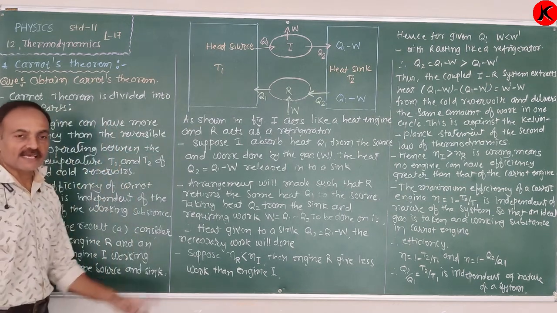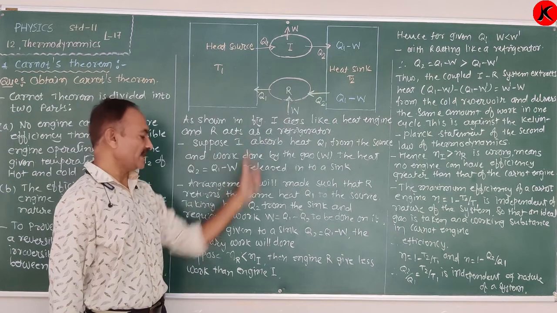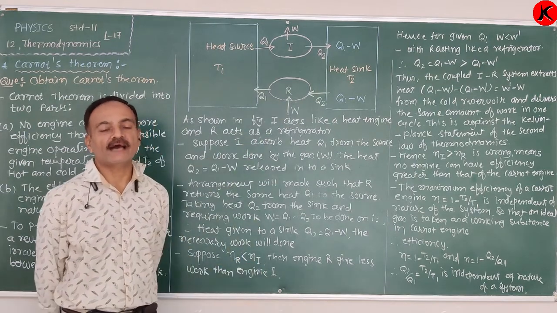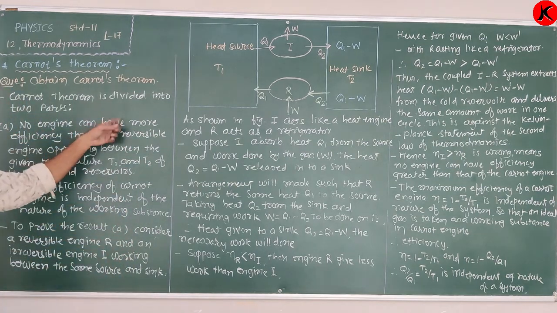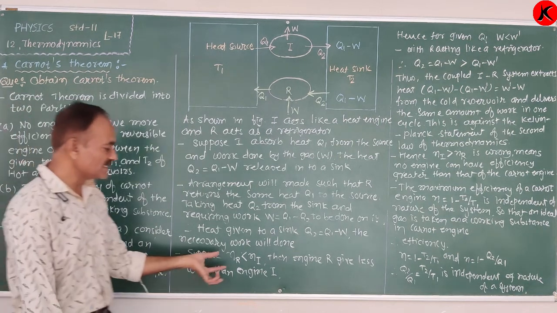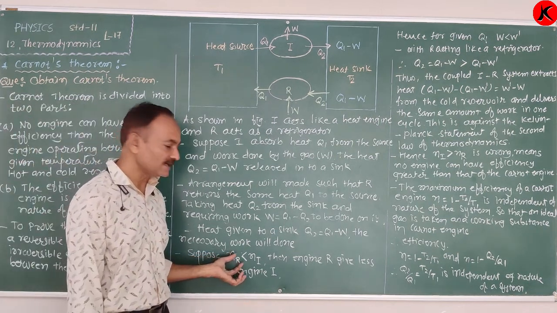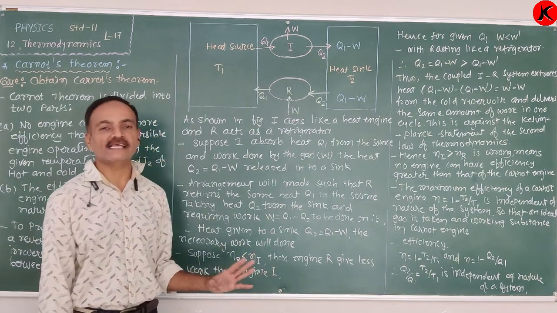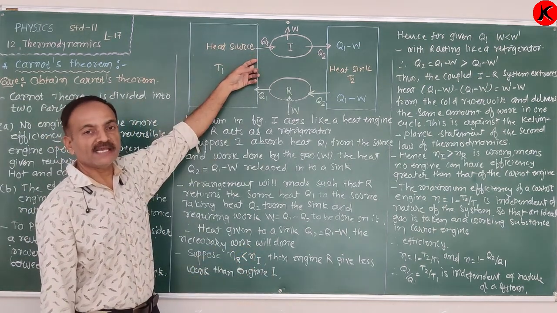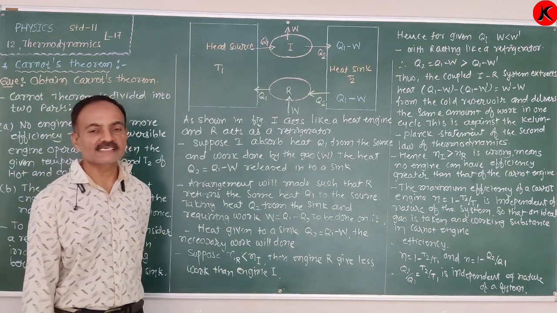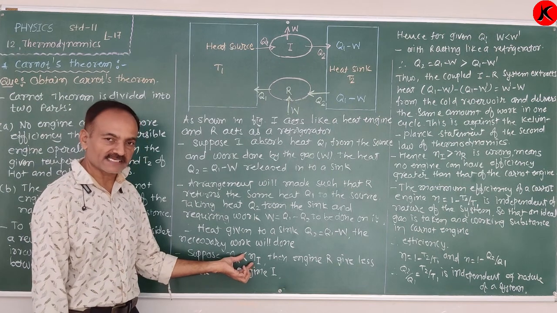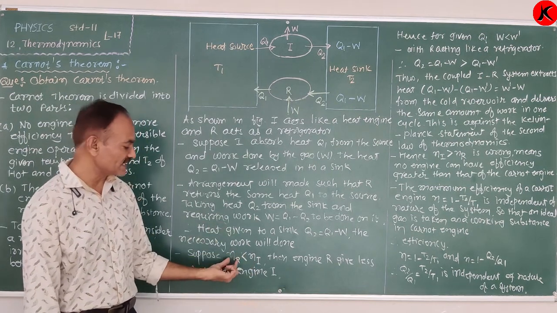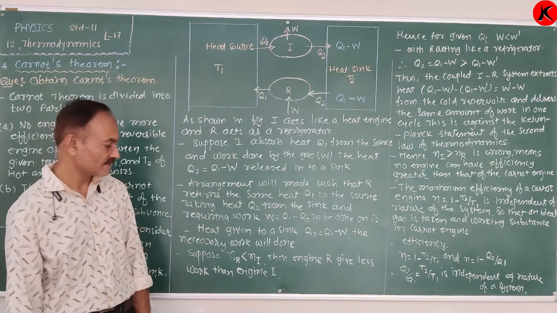Now, we want to prove that no engine has more efficiency than the reversible engine. Here we consider the efficiency of the reversible engine as Nr, and the efficiency of the irreversible heat engine as Ni. Initially we assume the efficiency of the irreversible engine is more than the efficiency of the reversible engine.